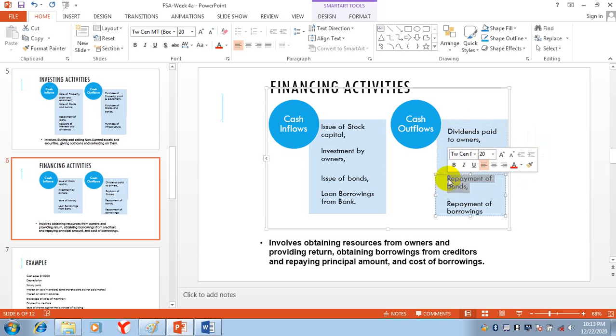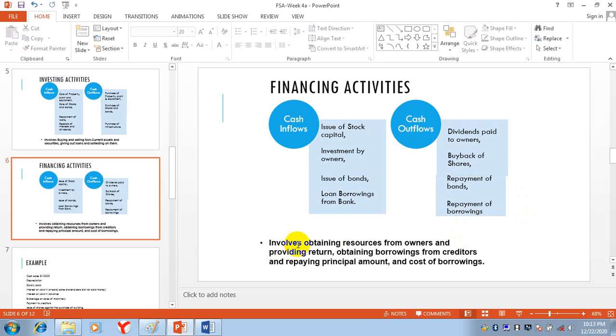Repayment of bonds, at maturity, you will repay the bonds, so again cash will go out of the business. And repayment of borrowings, when company take loan and now they are repaying that loan, cash is going out of the business. Involves obtaining resources from owners and providing return, obtaining borrowings from creditors and repaying principal amount and cost of borrowings.